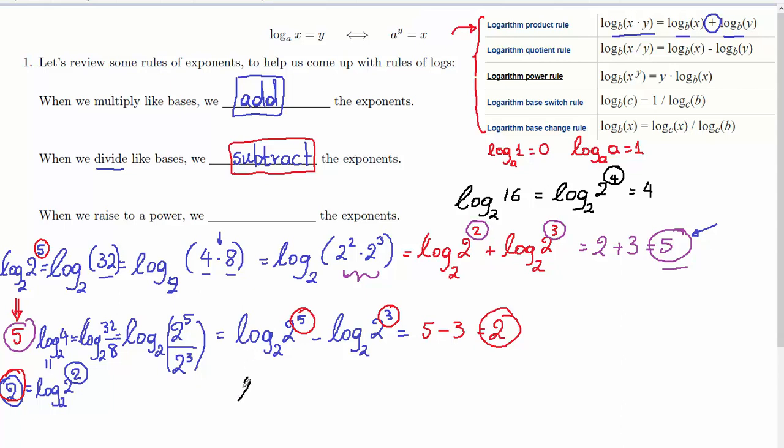If I have log with base 2 of 2 to the 5th, then I can bring the exponent down, and this is going to be 5 times log with base 2 of 2. This is what the property says. And this is equal to 5 times, well, this is equal to 1. 5 times 1. And this is equal to 5.